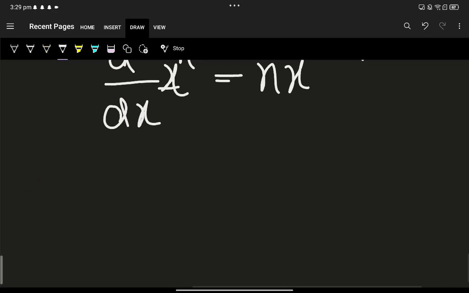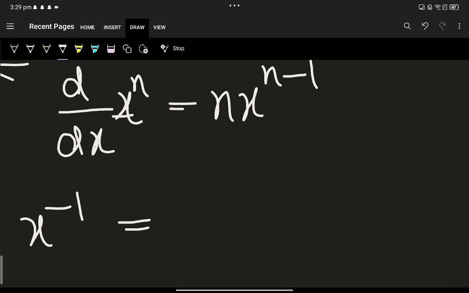So here in our case, the exponent, the power, is -1. So what we can do is take this out: -1 times x to the power of -1 minus 1, that is -2.